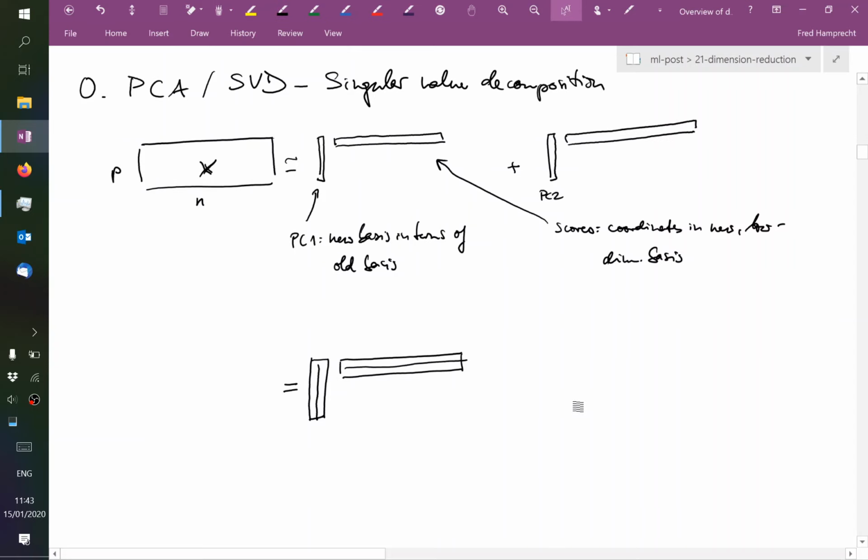And they have dimensions p times r, and then r times n, where the rank r is at most p, but usually less than p. If it is p, then I've just rotated my data. That doesn't help very much.